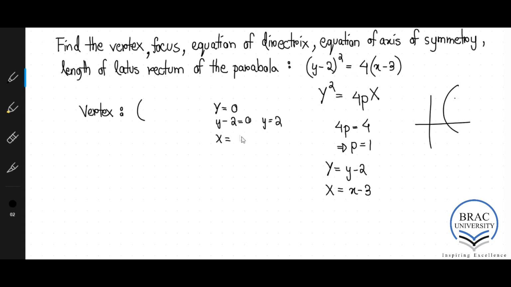The x value should have been 0 for this equation, so x minus 3 gives us x is equal to 3. So the vertex here is (3, 2). Here I've just used the graph for the standard form, the origin-centered one, to represent this one.